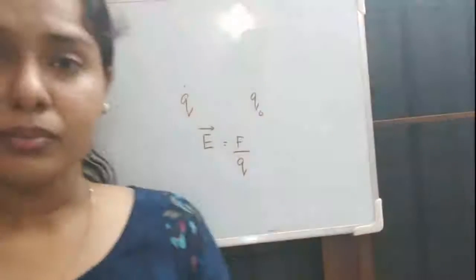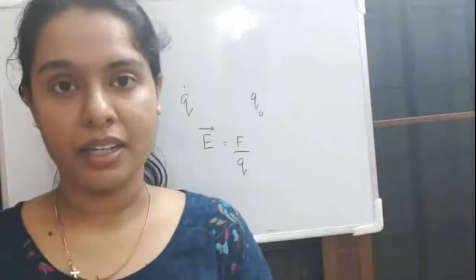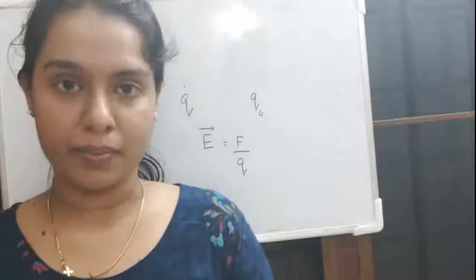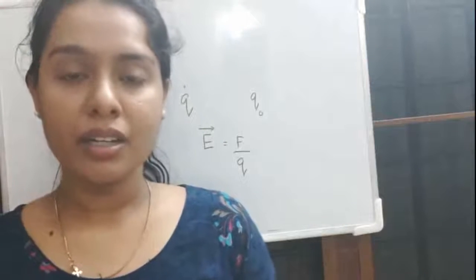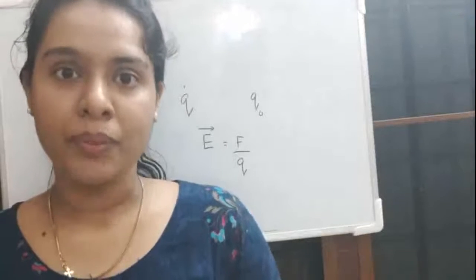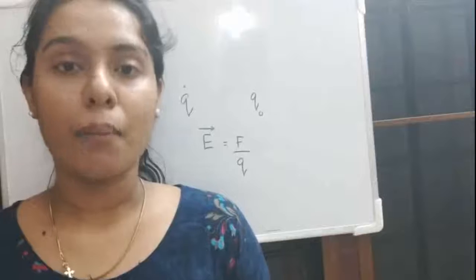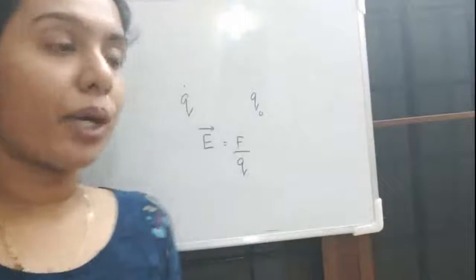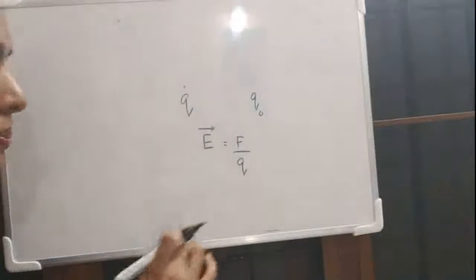And this electric field can be described in terms of another quantity, and in our second chapter we are going to discuss that quantity, and that is electric potential. Our new chapter is electrostatic potential and capacitance.